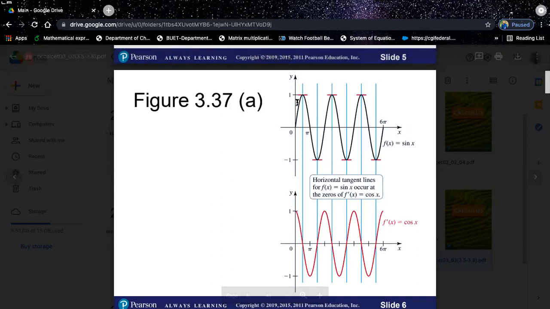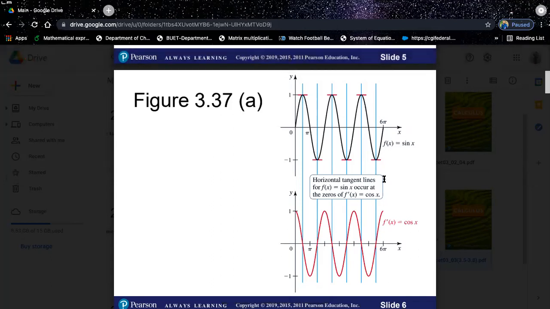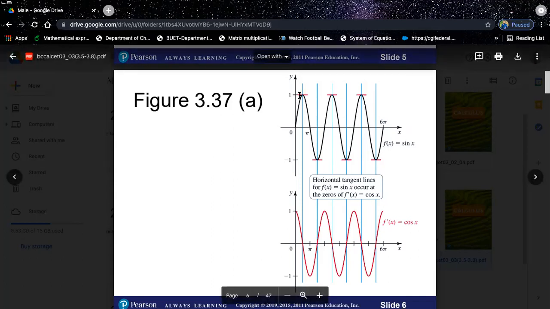So whenever you are trying to find the derivative of sine x at these points, you will see it's just the horizontal tangent line, or I'd say it's just parallel to the x-axis, like this, the reddish one. Can you see that?